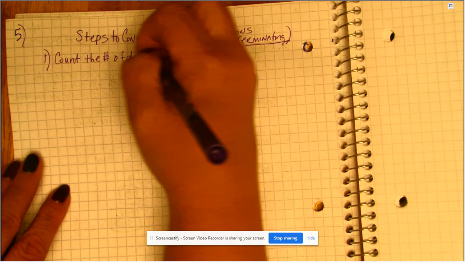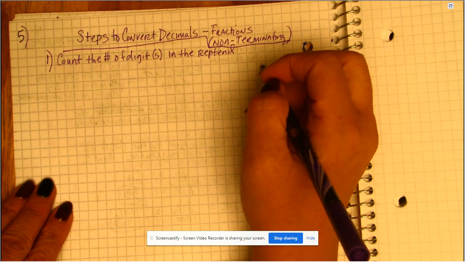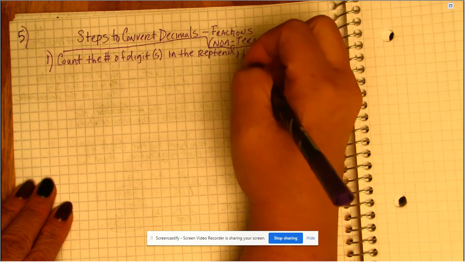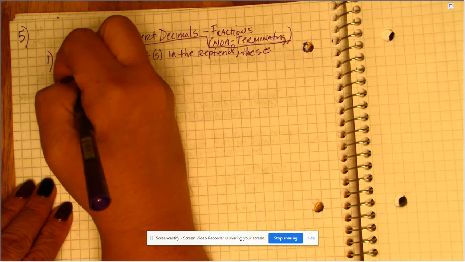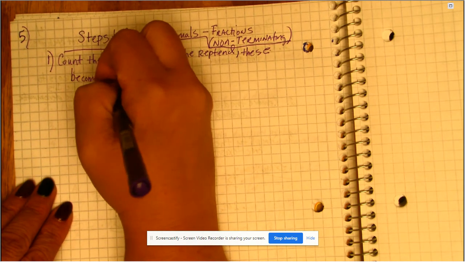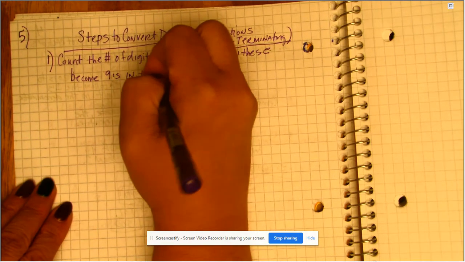And if you remember, the reptend is what is under the bar notation. These become 9s in the denominator.